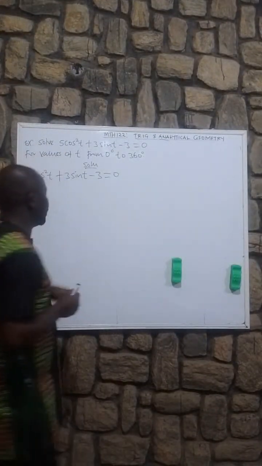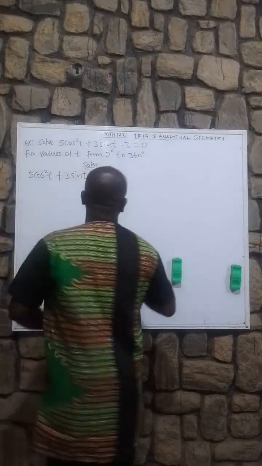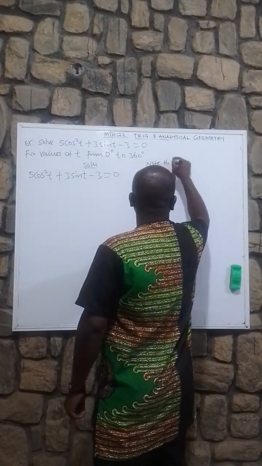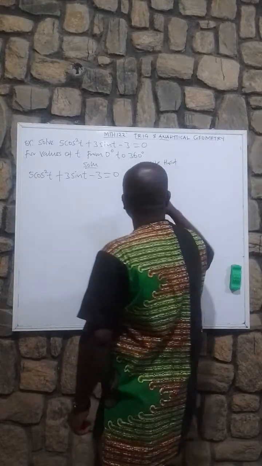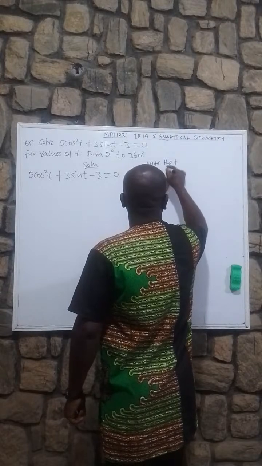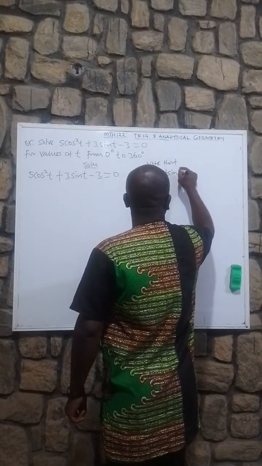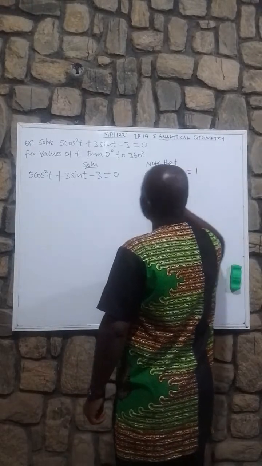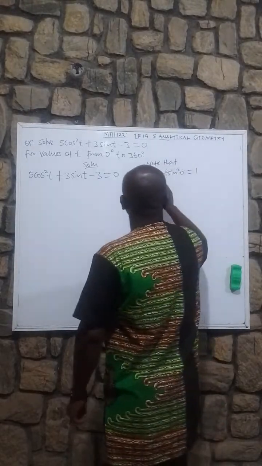Let's recall that cos square theta plus sine square theta is equal to what? 1. So now we are talking about t.